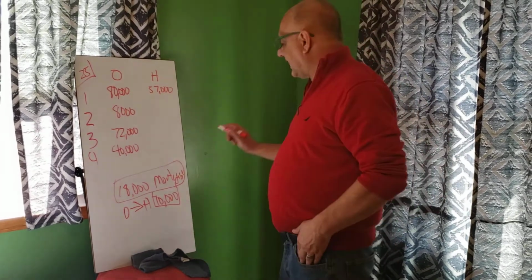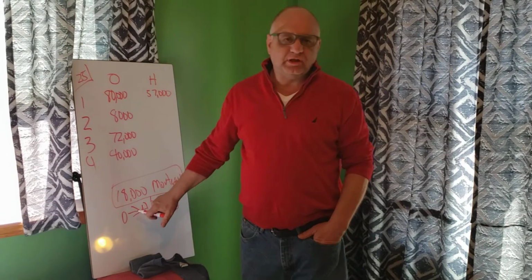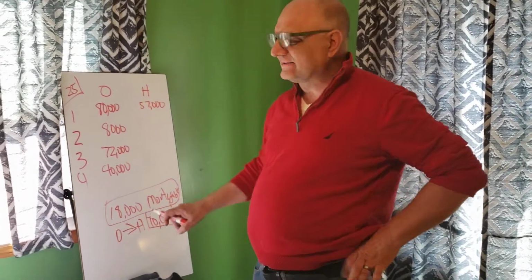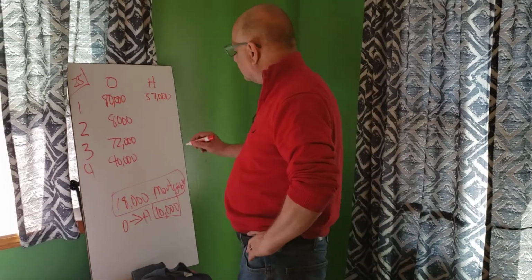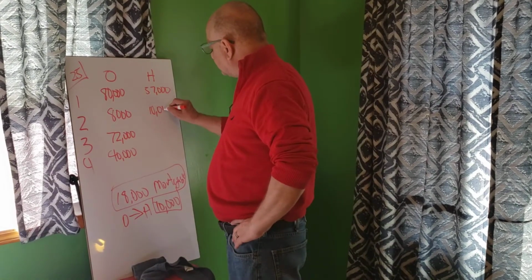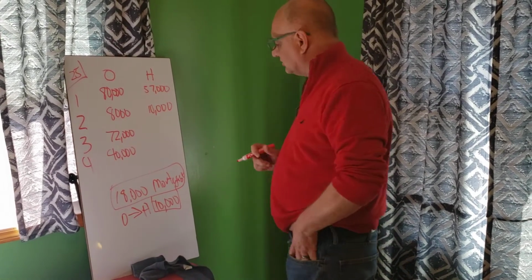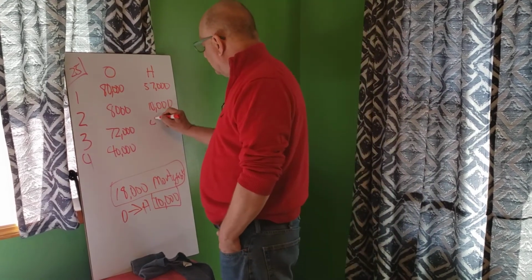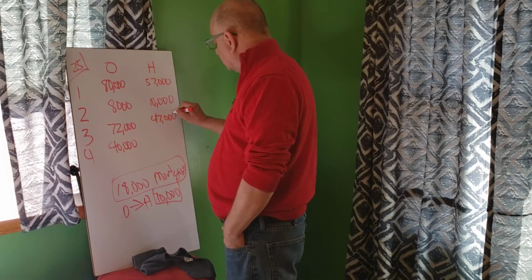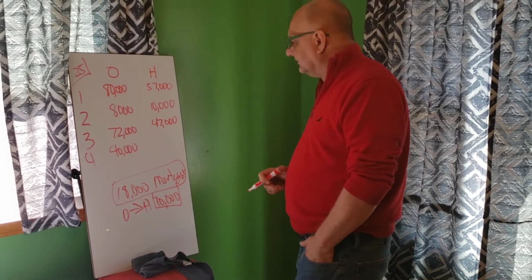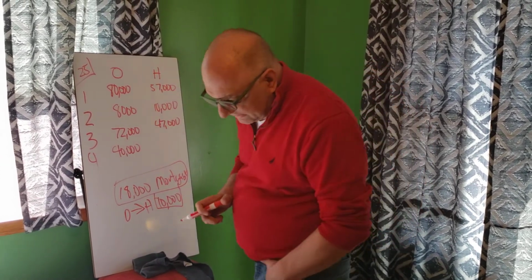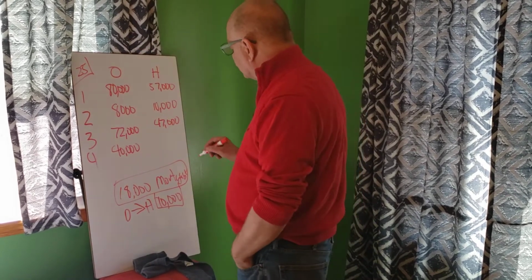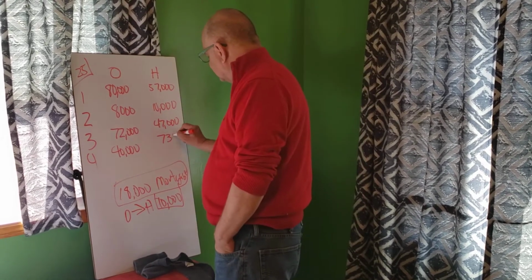But she received cash. And remember, the final rule I told you was that if I receive cash, I have to recognize gain to the extent that I receive cash. So Harriet's going to recognize $10,000 of gain. Going to be $47,000 then, my deferred gain. And then the 112 minus the 47 gives me 73.